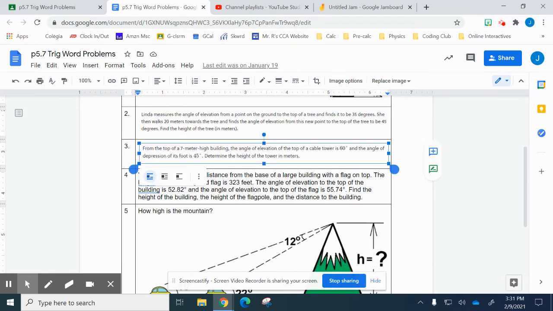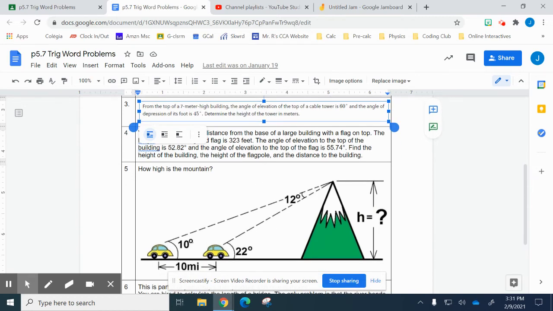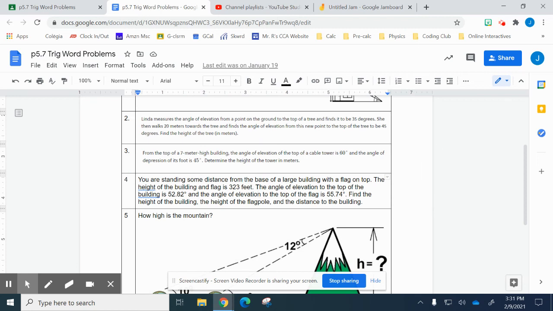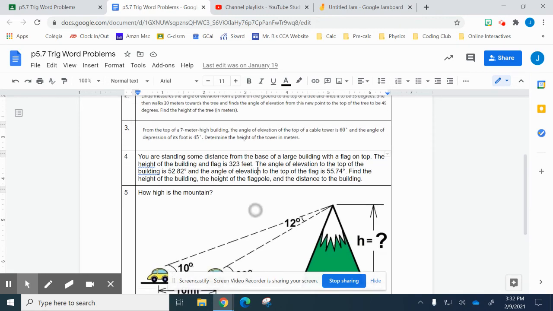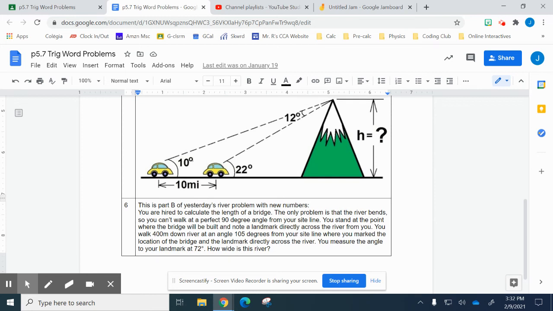The top of a 7-meter high building, okay, that one. How high is the mountain? We just did that, only with a tree, so we don't need to do that one again. You're standing at the base of a large building with a flag on top. The height of the building and the flag together is 323, the angle of elevation. Okay, so that's pretty much a different flagpole problem. The river, don't worry about number 6 because, well, actually, hang on.